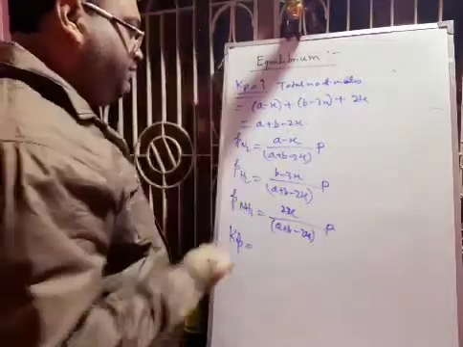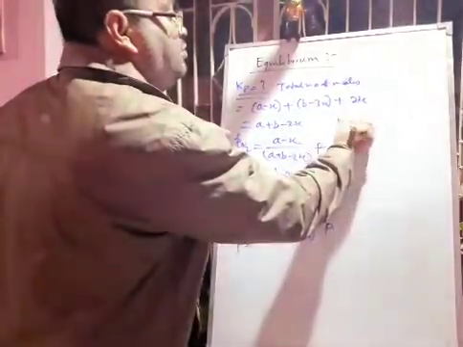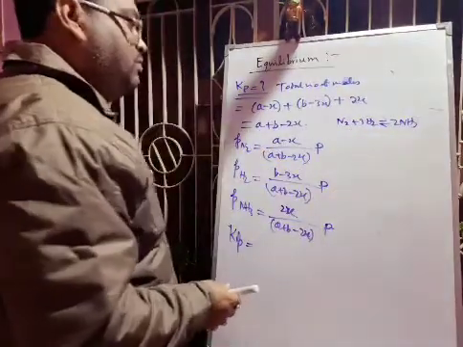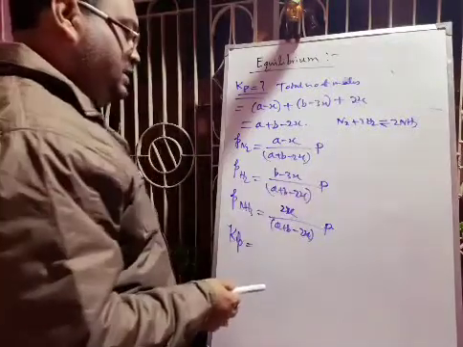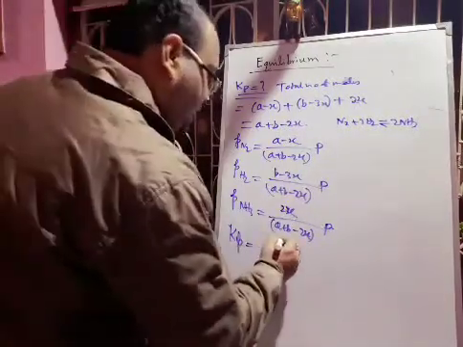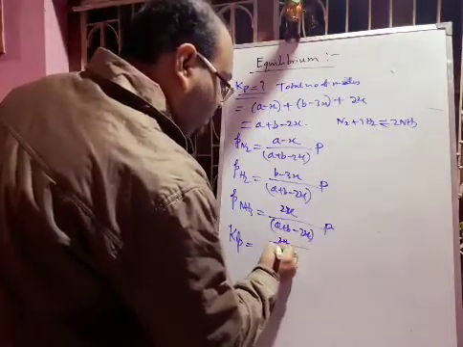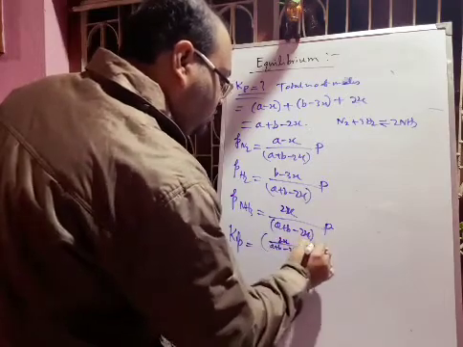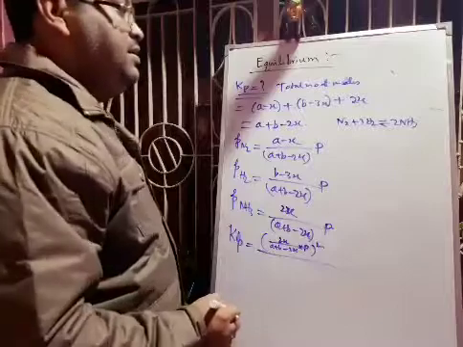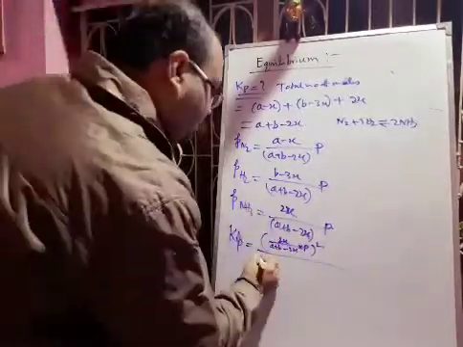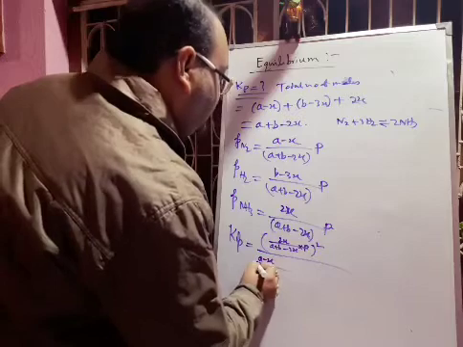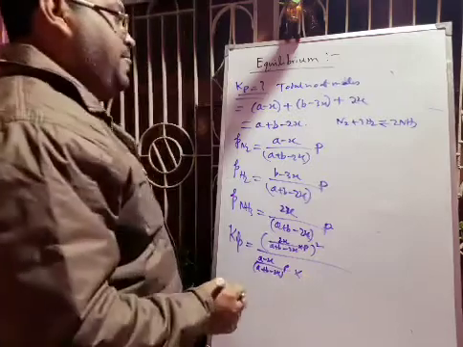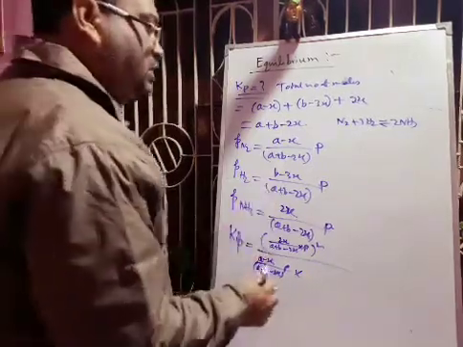I am writing the equation again: N2 plus 3H2 forming 2NH3. So the partial pressure of ammonia whole square: here you have to write 2x divided by A plus B minus 2x into P whole square, divided by the partial pressure of nitrogen, that means A minus x divided by A plus B minus 2x into P, into the partial pressure of hydrogen whole cube.